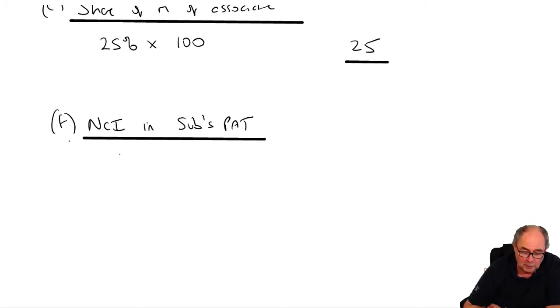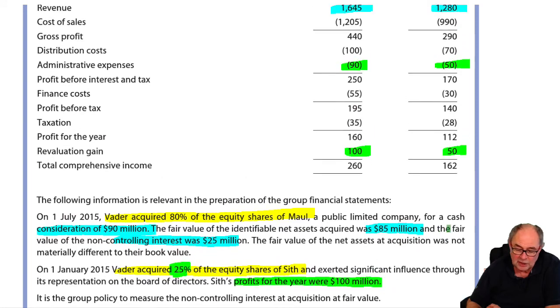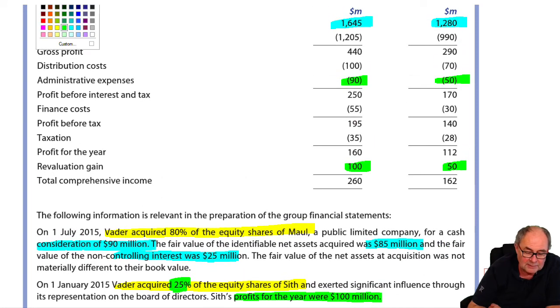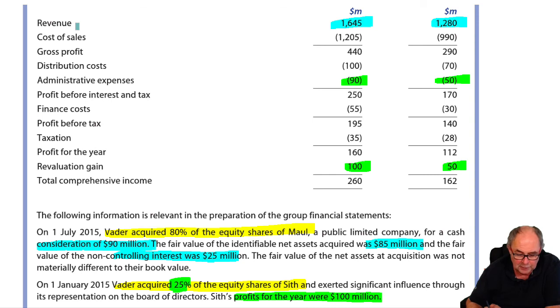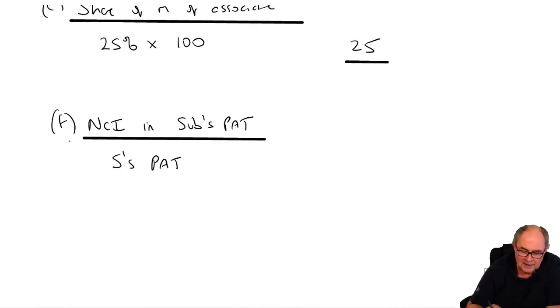So a good starting point would be S's profit after tax. How much did we consolidate? I'm just going to highlight that number in blue. Here it is. It's 112. But attention, we only consolidated half of it. So S's profit after tax that's been consolidated is 6/12 of 112. 56.